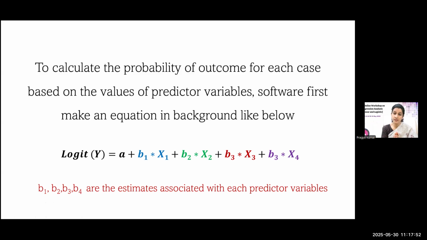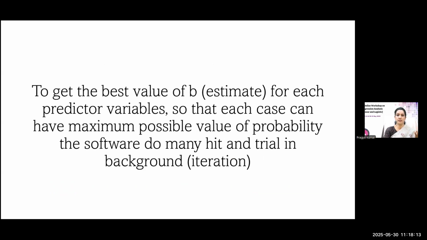So how is this predicted probability calculated? The predicted probability is calculated using the maximum likelihood technique. The software does it. It runs this equation in the background several times to find a suitable predicted probability, and it selects the one which is showing the maximum value of the predicted probability.